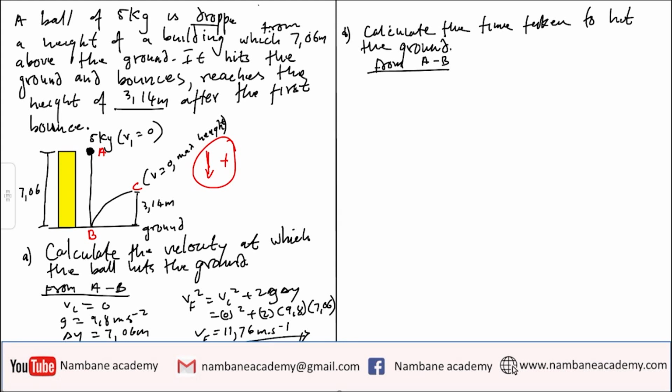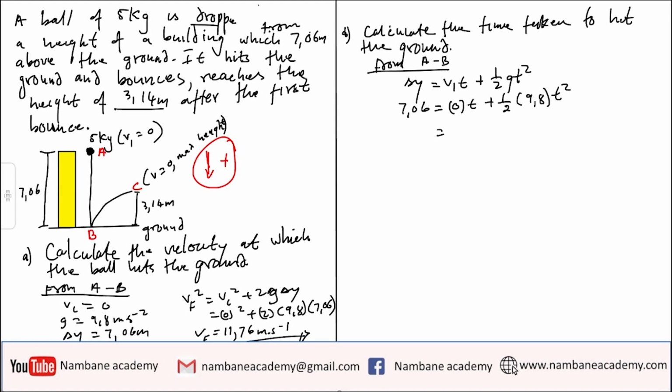And if it is the same, I can just easily say delta y equals V initial t plus half g t squared. What do I know? V initial is 0, t plus half of 9.8 t squared. This is 7.06.